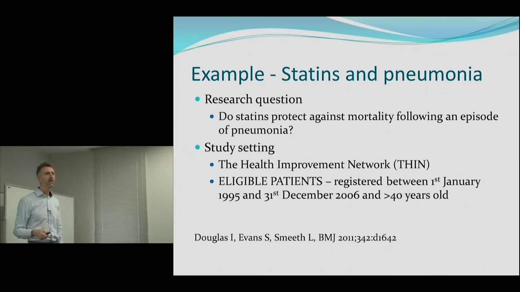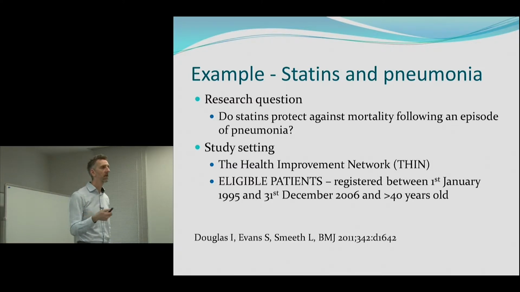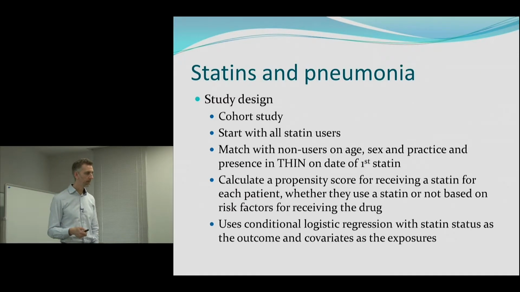And we did this within a database in the UK called the Health Improvement Network. It's very similar to the CPRD. It's based on many of the same GP practices. And the eligible patients were in the database between 1995 and 2006 and aged over 40 years.